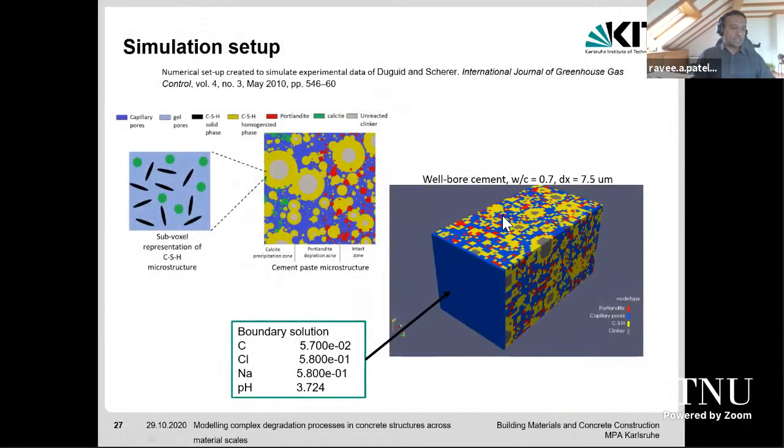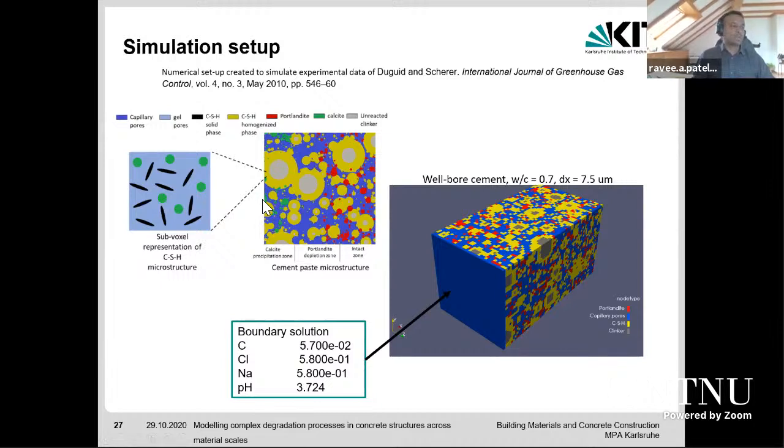So for this, we developed a simulation at the microstructural level of cement paste, where we represent capillary pores, the large pores, the nanoscale porosity, and basically the different mineral constituents at the micro level. The novel thing in this model was we were accounting for subvoxel or nanoscale porosity evolution, both due to dissolution and precipitation.